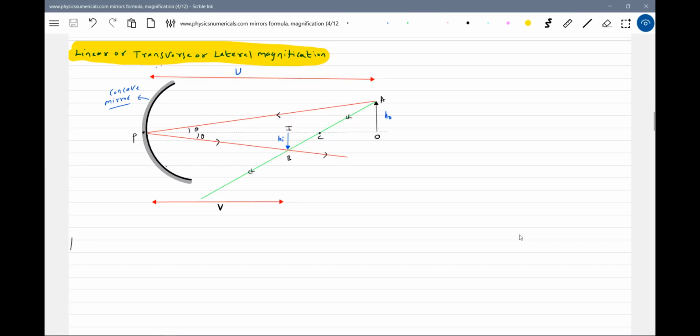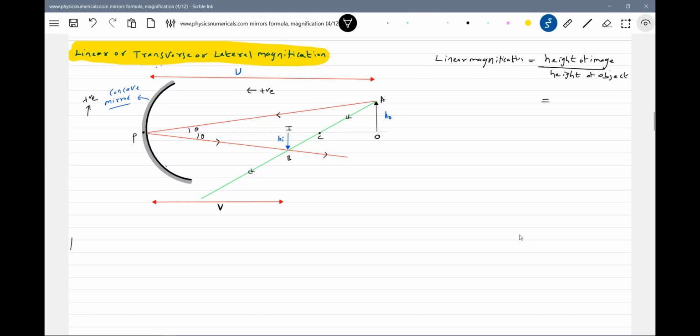Now, what is the magnification? Magnification is defined as the ratio of the height of the image to the height of the object, HI by HO. All directions towards the right should be positive, and upward should be positive.